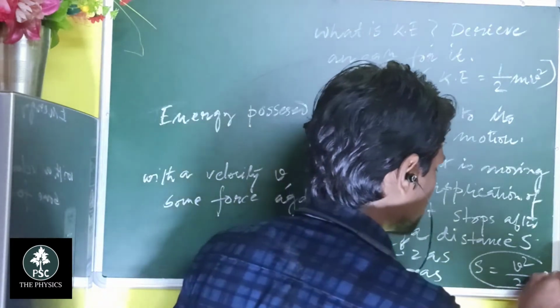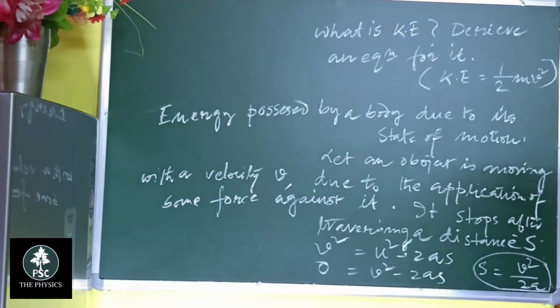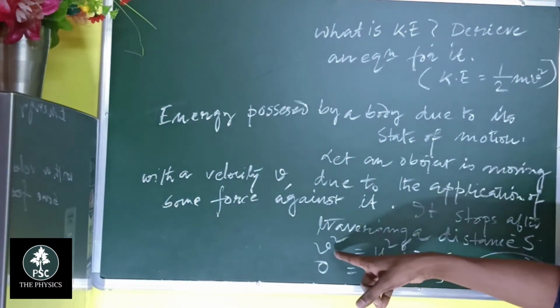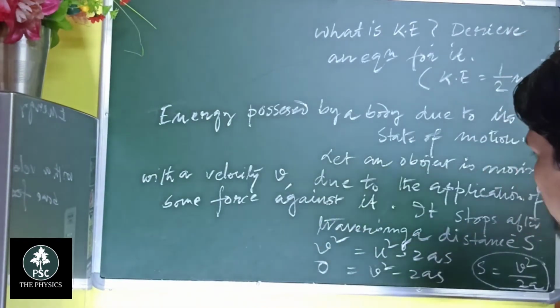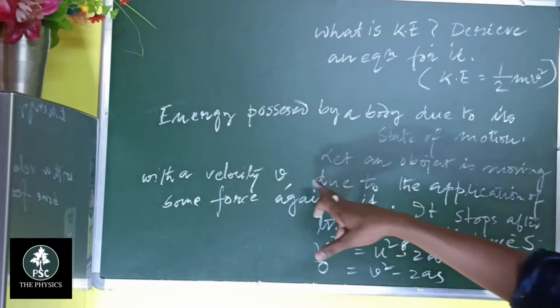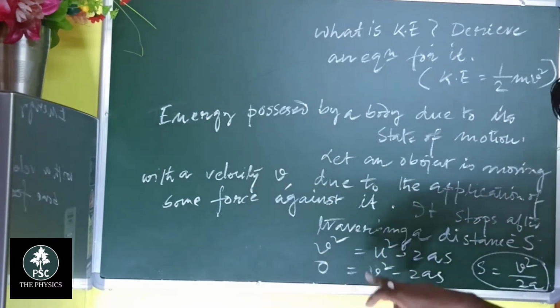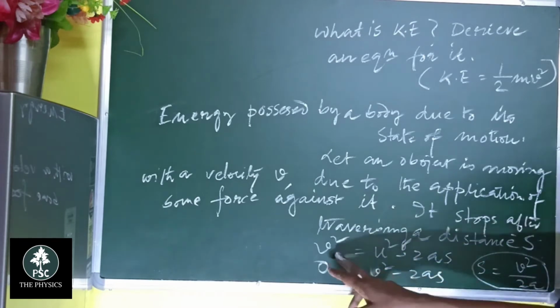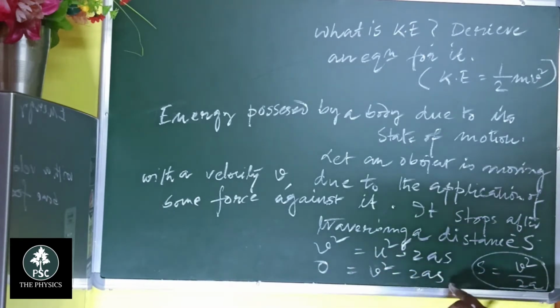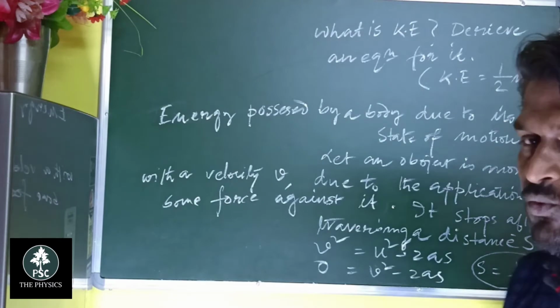The body is moving with velocity v, and due to the application of some force against it, the final velocity is 0.